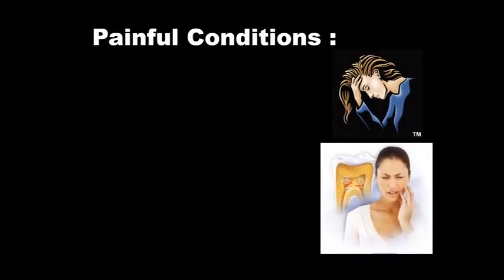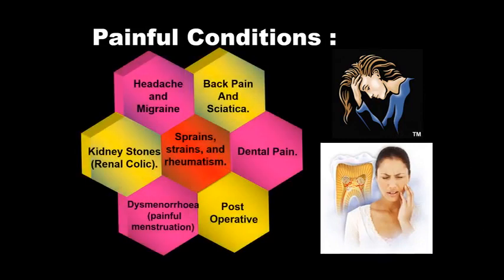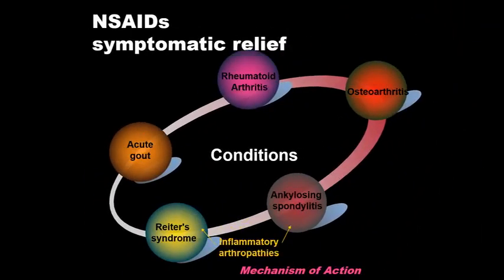In the coming two slides, we can know the different painful conditions where non-steroidal anti-inflammatory drugs are indicated. We have to keep into consideration that non-steroidal anti-inflammatory drugs give symptomatic relief.